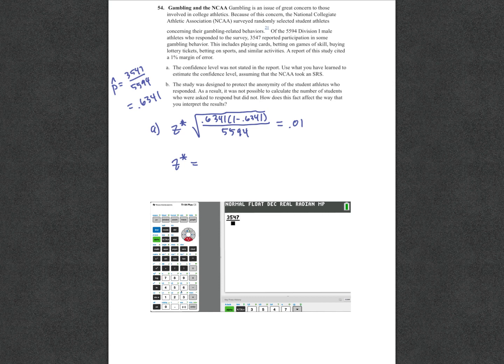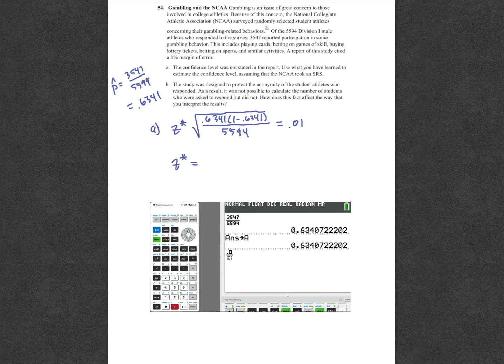First here, I'm going to get the p-hat, and then I'm going to use that exact value when I'm finding this z star. It'd be our 0.01, and there's a little weird thing that happens. Now I'm trying to put that there, but you see how it doesn't go underneath the square root? So let's clear it, and I'm going to store this as A, so A is p-hat now.